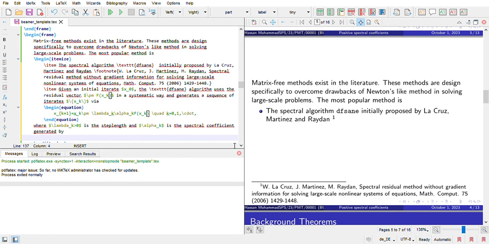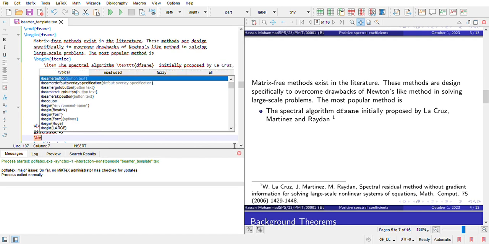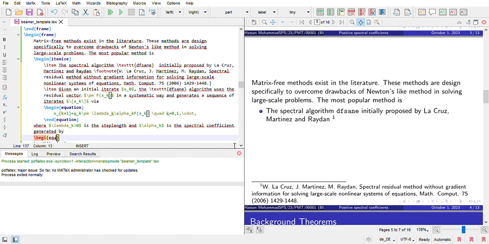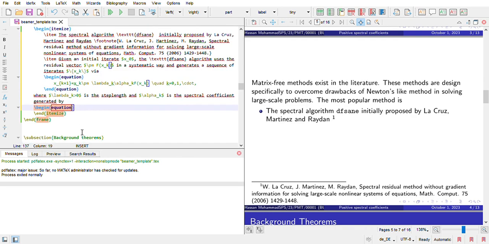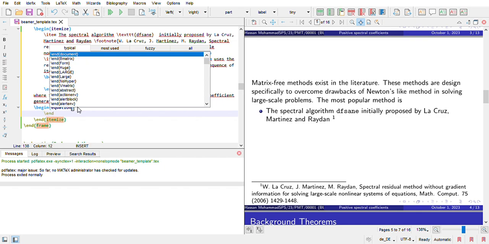So first of all, I have to begin an equation environment, then I also begin cases. So begin equation. Okay, sorry for the mistake, please. I have begin equation, then end equation.